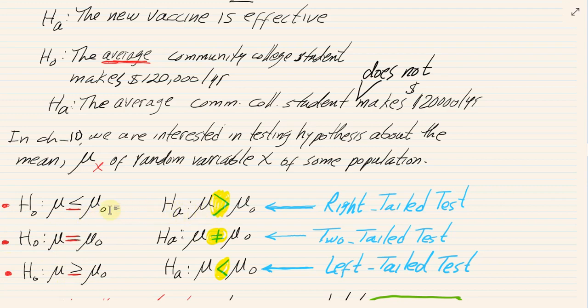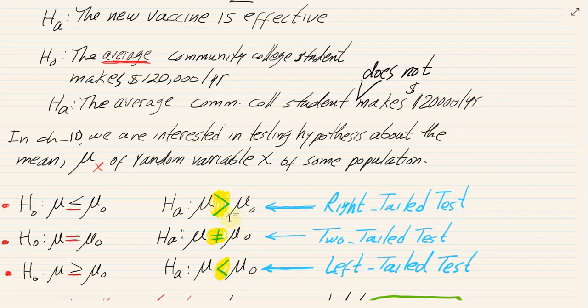So if null says it's less than or equal, the alternative must say it's greater than. If null says it's simply equal to, alternative must say it's not equal to. And if the null says it's greater than or equal, alternative says it's less than. See how complementary those are.